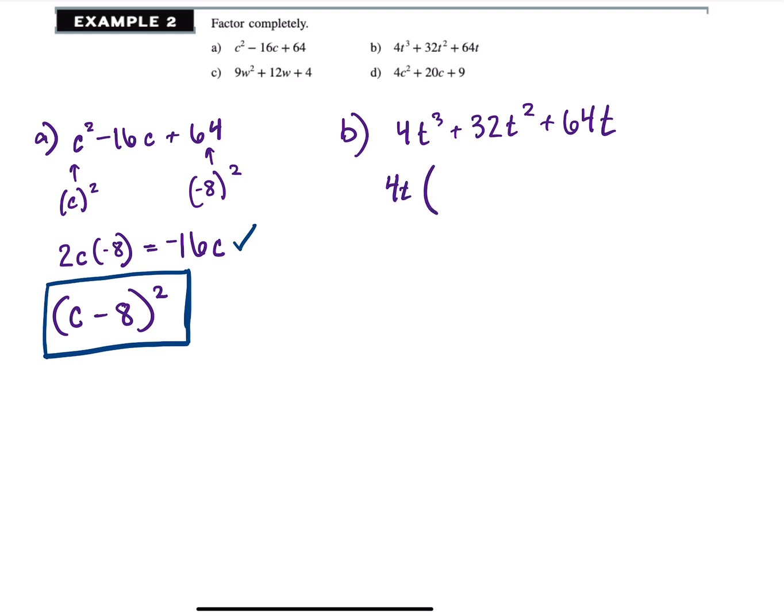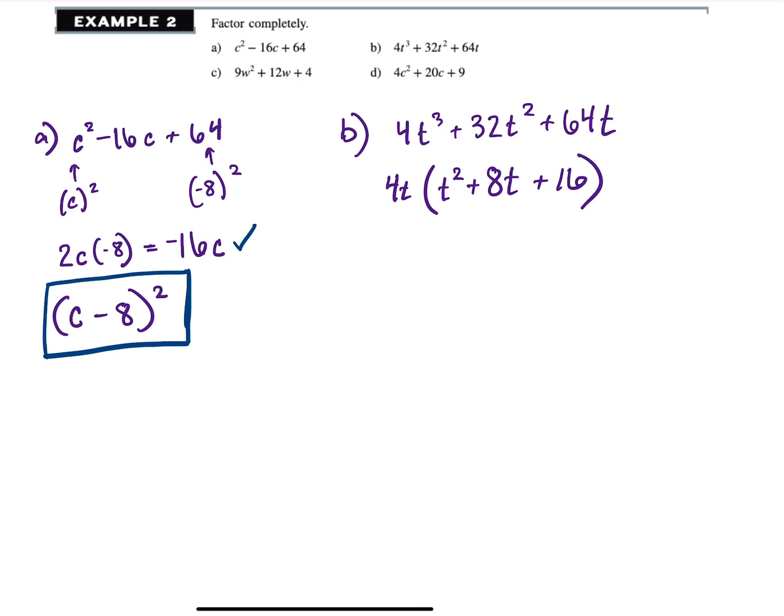If we take out 4t, there should be t squared left over from the first term. 32 divided by 4 is 8, and we take 1t out, so there'll be 1t left. 64 divided by 4 is 16, and we took the t out, so it'll just be 16. So now let's factor what's remaining inside these parentheses.